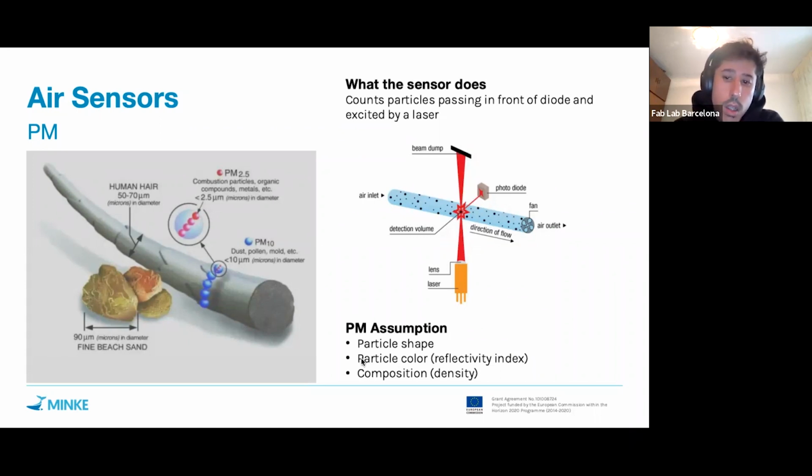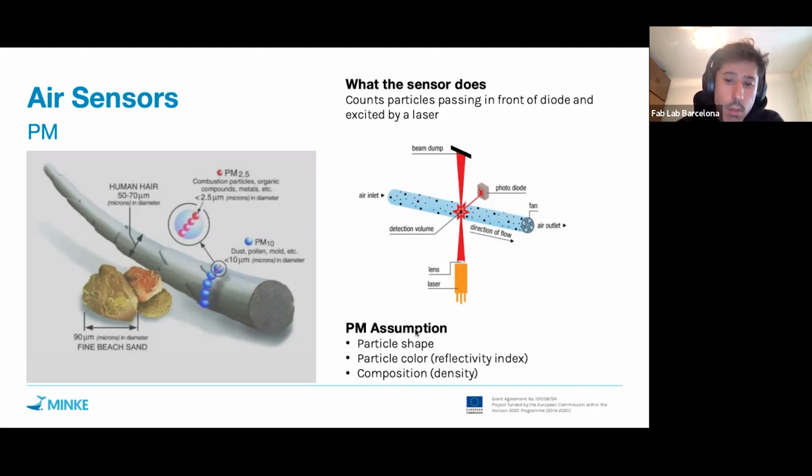We don't know anything about the color of the particles, so we are basically assuming that all of them have an average, what is called reflectivity index. Of course, white or black or yellow or whatever color particles will have different ways of reflecting the laser.